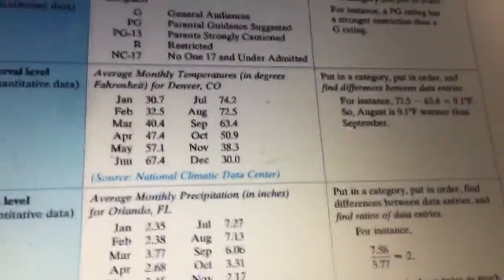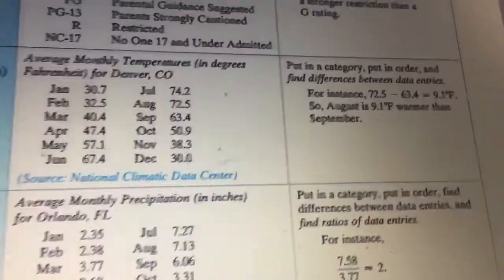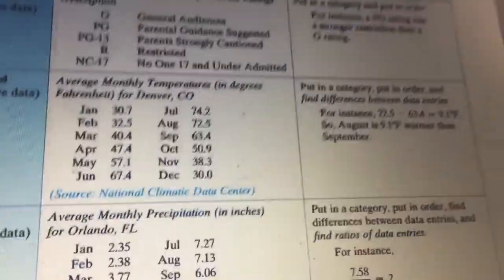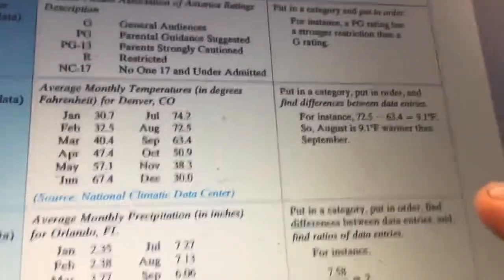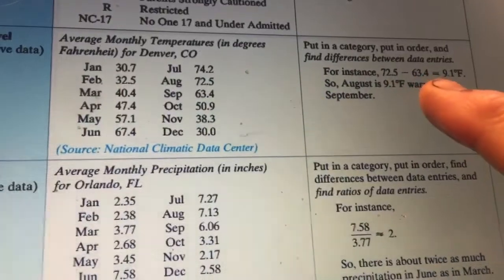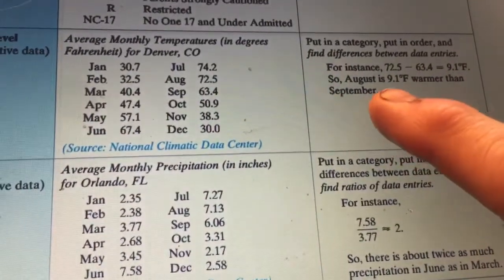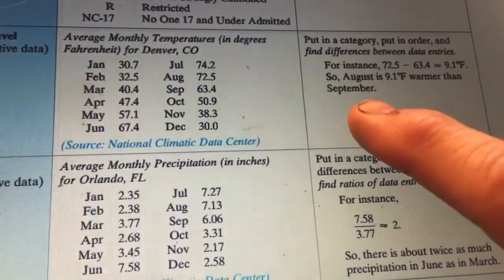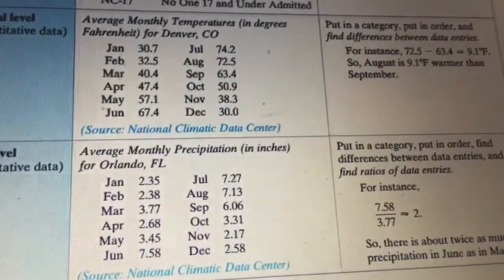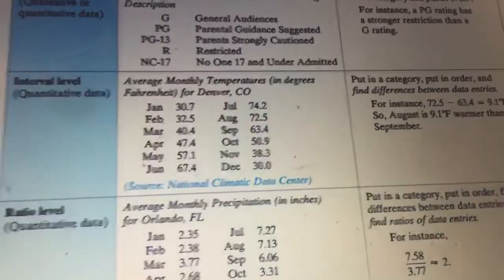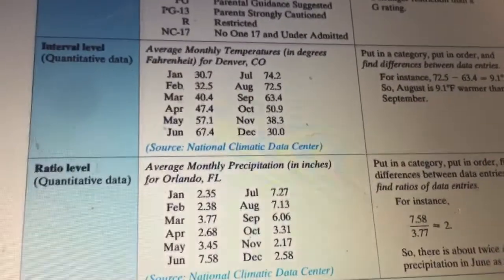But the difference here is you can subtract them. For instance, you can subtract these two numbers right here. You can tell that August is 9 degrees warmer than September. So you can subtract them to get information. That's what you do for the interval level. You can subtract them for certain reasons.